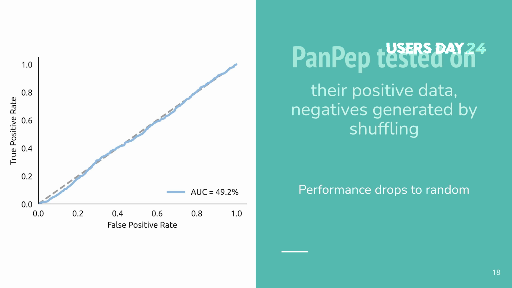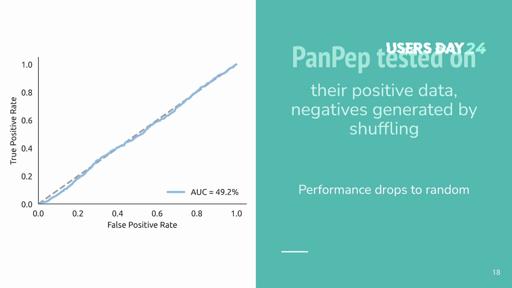We used the PAMPEP model and tested again with their positive data, but with the negatives generated with the shuffling method instead of their method. In theory, if their model works well, it should be able to make good predictions on any correct way that the negatives are generated, but we saw that for them this was not true.